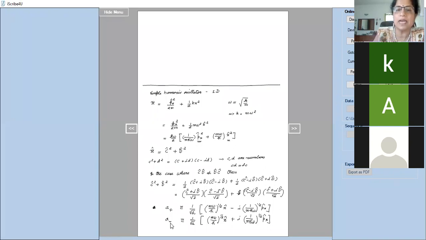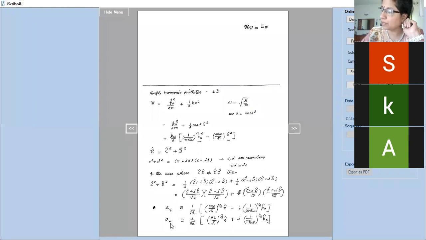If it is a time independent potential, then you can write down the time independent Schrodinger equation, and that is nothing but an eigenvalue equation. It says H psi is equal to E psi, where H is your Hamiltonian. And after writing it down, you try to solve for this psi.